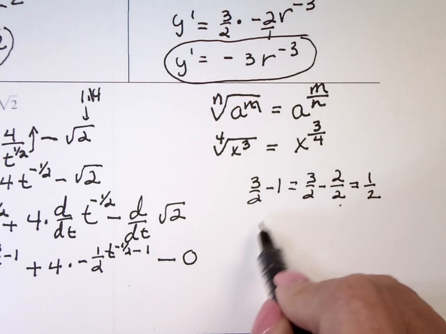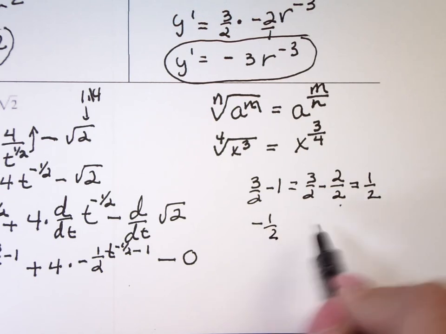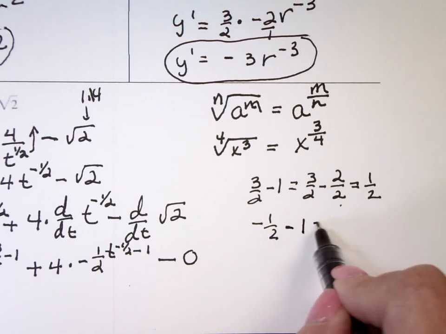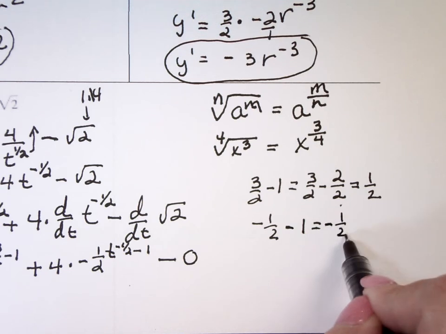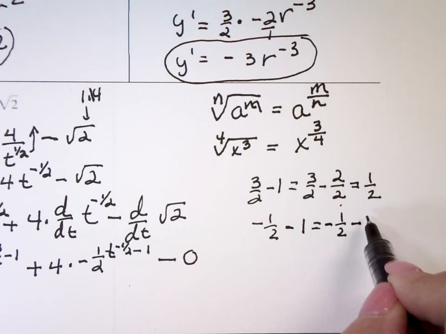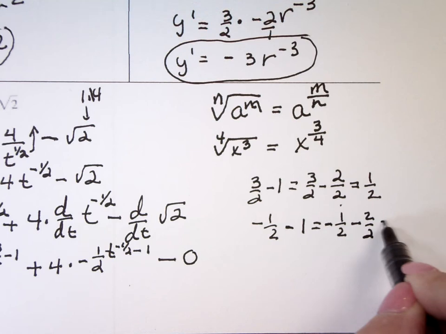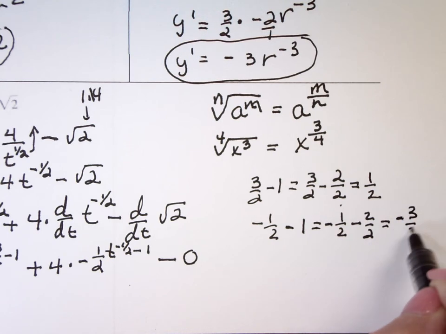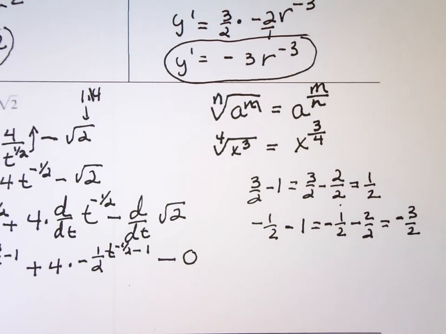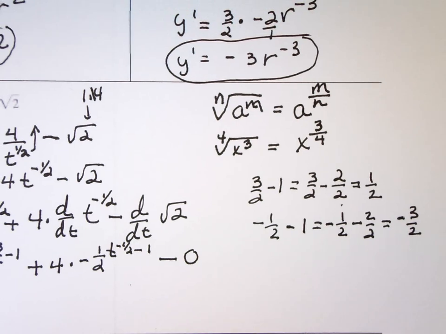And if I'm looking at negative 1/2 minus 1, it's negative 1/2 minus 2/2, so this is going to be a negative 3/2. Those you'll be able to do in your head after a while.